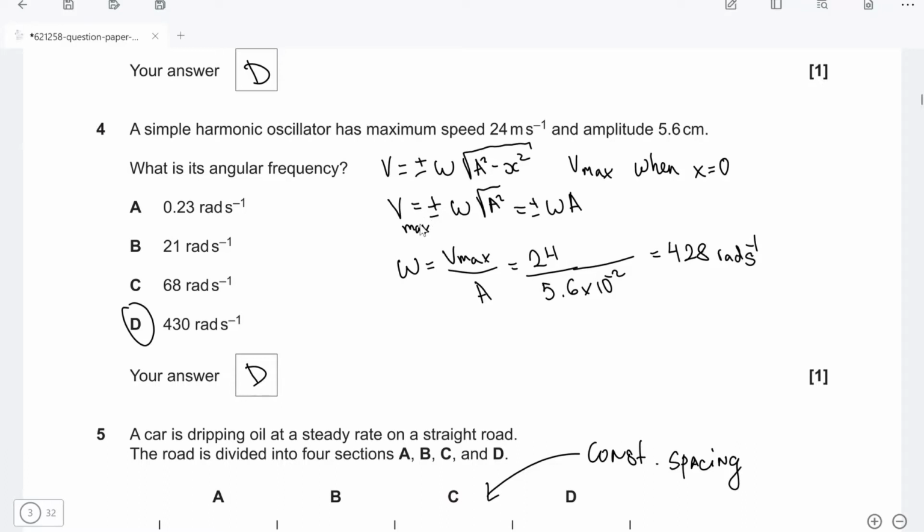This means that our formula becomes v max is equal to plus or minus omega square root of a squared, which gives us just omega times a. Therefore, omega will be equal to the value of the maximum speed divided by a. Plugging in some numbers, we get 24 divided by 5.6 times 10 to the power of minus 2, which is going to give us around about 430 radians per second.